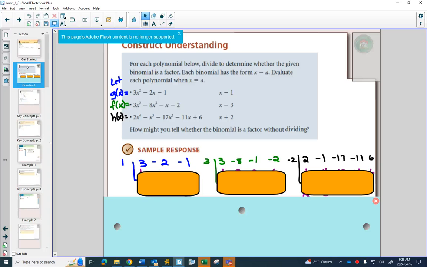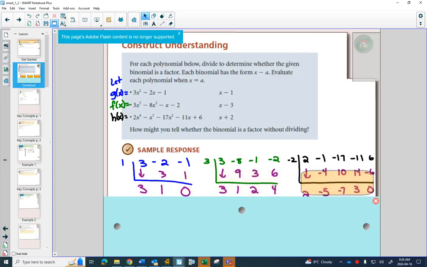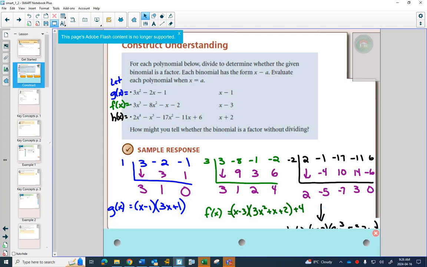All right, let's check how you did with your synthetic division. Oh, because there's an extra 2. Okay, check it out. And did you see that 2 of them didn't have remainders?